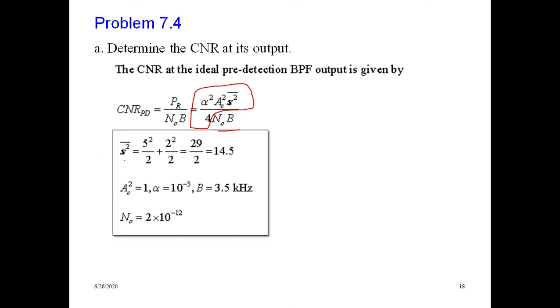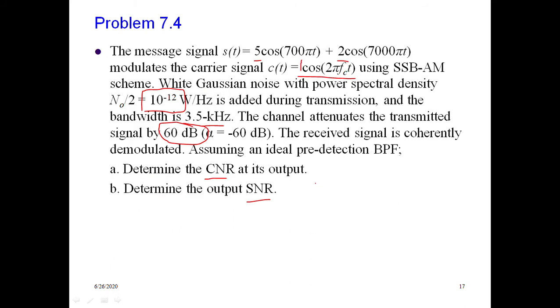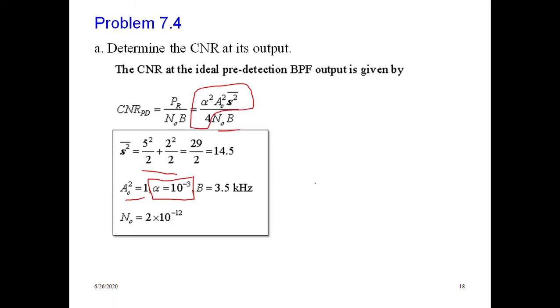For the S squared bar, we have to find the average of the amplitude. AC is 1, and here alpha is 10 to the power minus 3. But here they said that the attenuation is 60 dB. How do we get from dB to a real number?